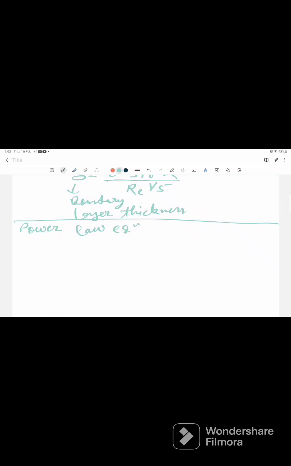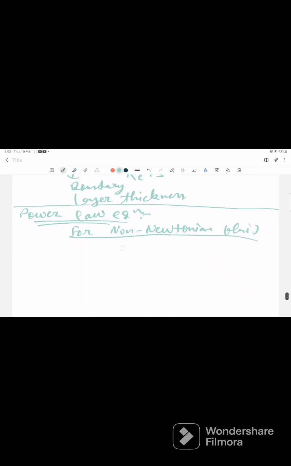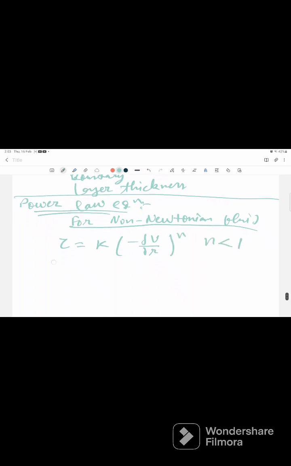Power law equation for non-Newtonian fluid: tau is defined as K minus dV upon dr to the power n, with n less than 1.